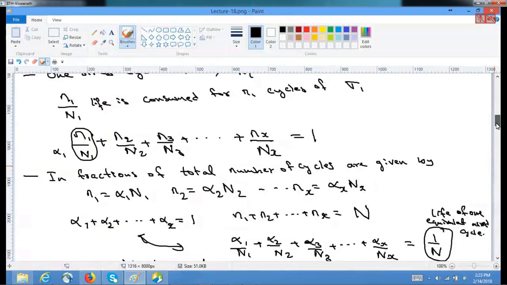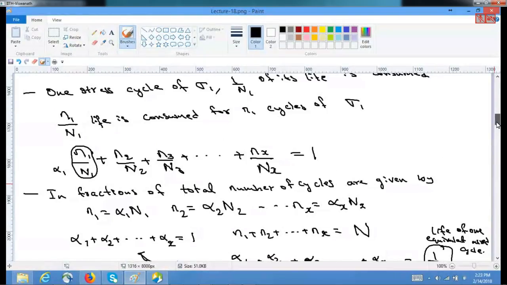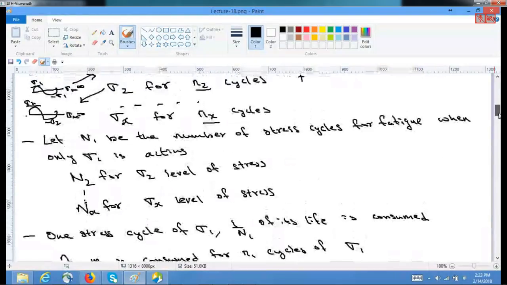Since this concept looks a little bit weird, I will go through it again before we go to the example.